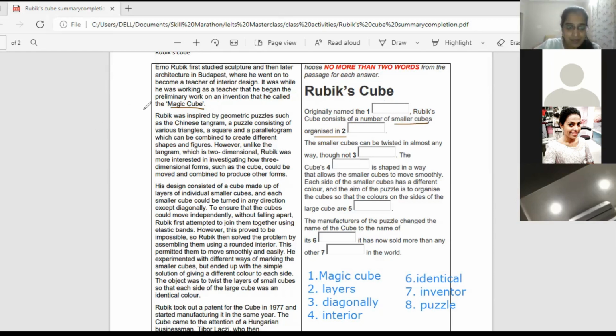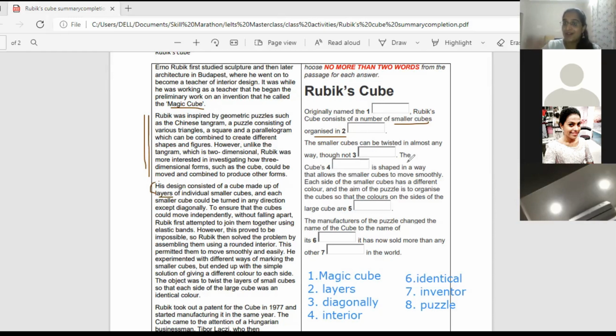In the third paragraph, they're talking about where he got the inspiration from, how it looked and all of that, comparing it with the Chinese tangram. In this third paragraph, he talks about how the smaller cubes were organized, and he says his design consisted of a cube made up of layers of individual cubes.